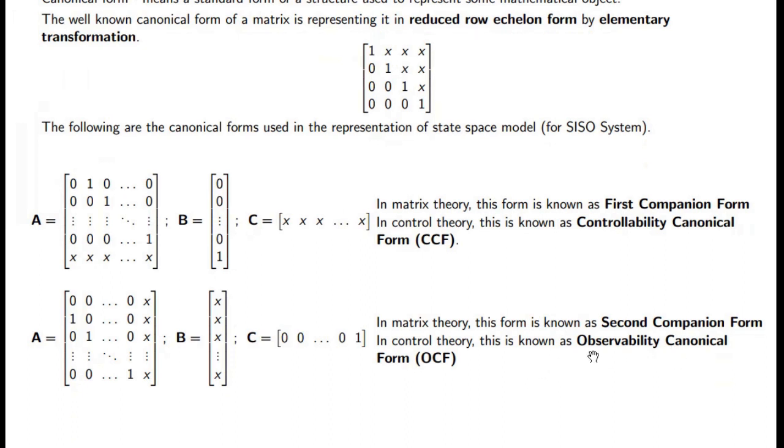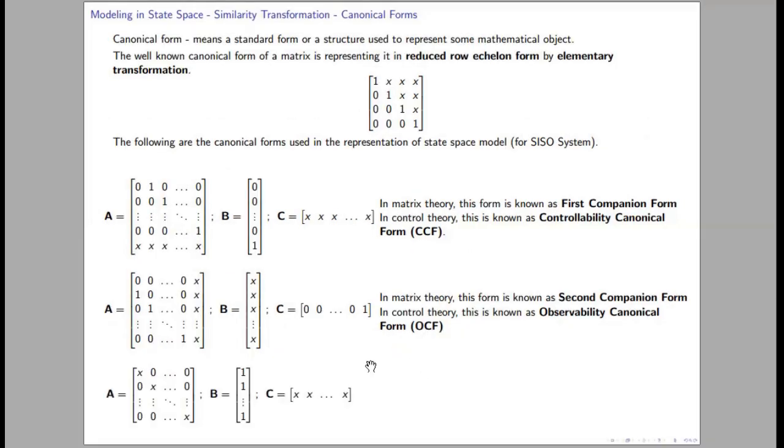Again, this structure helps us understand observability, and therefore we call it the observability canonical form, OCF in short. There is another canonical form in which only the diagonal elements are non-zero and all the non-diagonal elements are 0, and the B matrix is 1, 1, 1, 1.